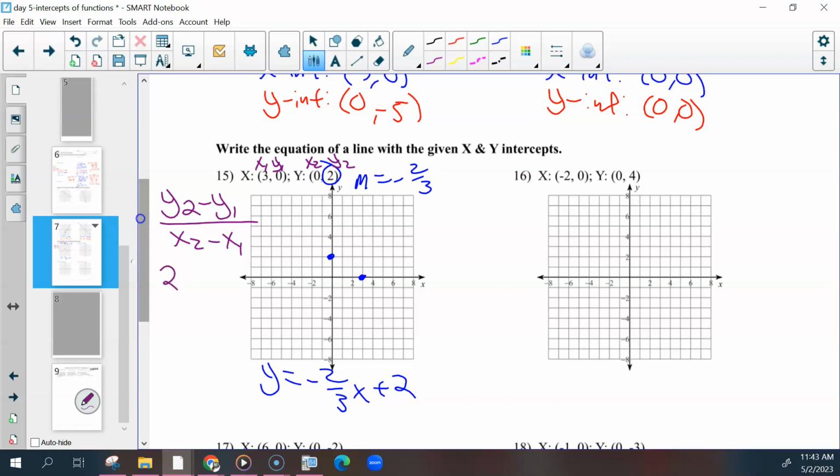So 2 minus 0 over 0 minus 3. So Ryan, this would be similar to yours, where the 3 in the denominator is negative, but when I go to write it, I would still write it like this. Either way, you now have your slope and your y-intercept, so you can write your equation.